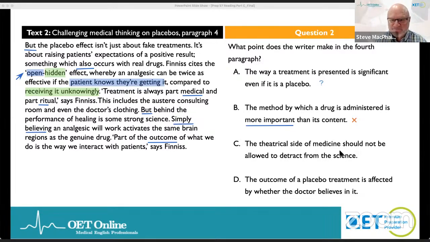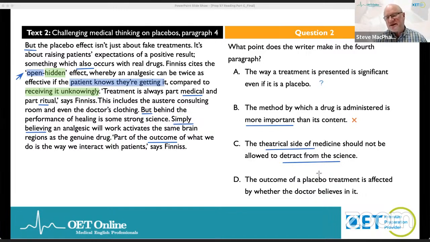It's both. C, the theatrical side of medicine should not be allowed to detract from science. Theatrical is an interesting word. The presentation should not be allowed to detract from science. So this is saying we're doing too much theatrics, too much of the way we present it.